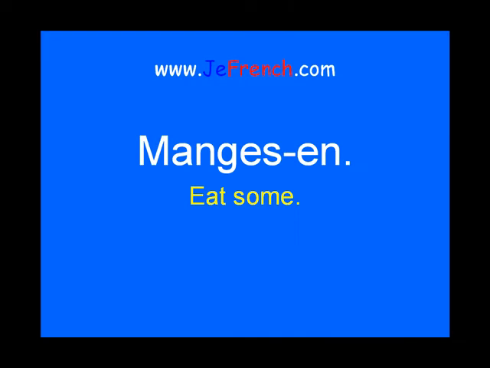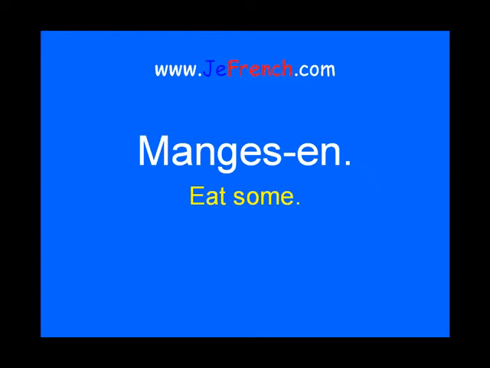Mange-en, eat some. Now, en right here is a pronoun. We have not studied that yet, and we're not going to get into it right now. But as you notice, mange-en has an S at the end, and I just told you that we were not using the second person of the singular, but the first person in the singular, which in the case of manger does not have an S. Now, some verbs of the second and third group, they will have an S because they are conjugated differently.